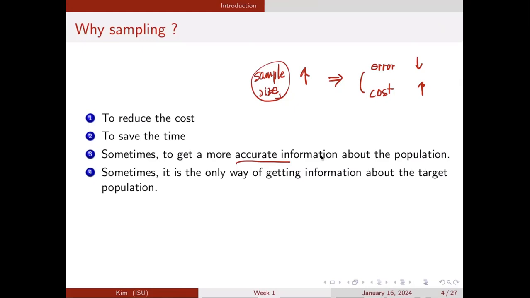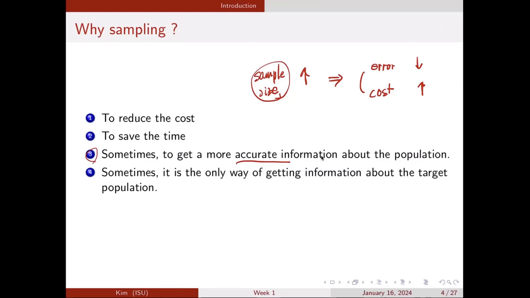Because in a census, you don't have a sampling error, but you don't have enough well-trained interviewers. So you may end up having some non-sampling errors, and that non-sampling error can be bigger than the sampling error. I will get back to this point later again.